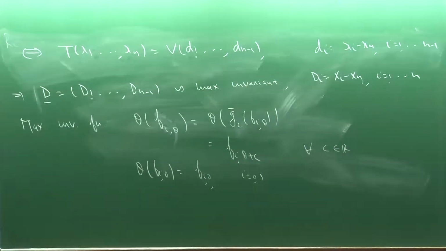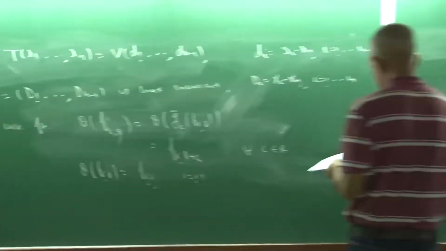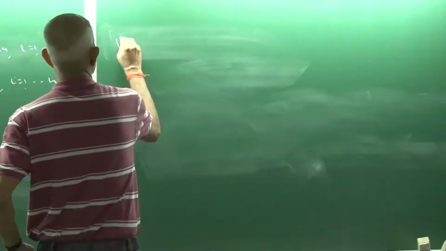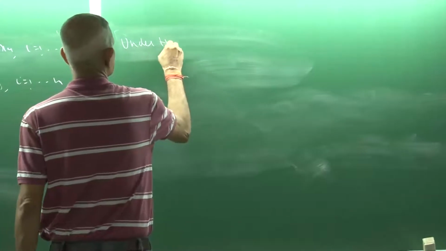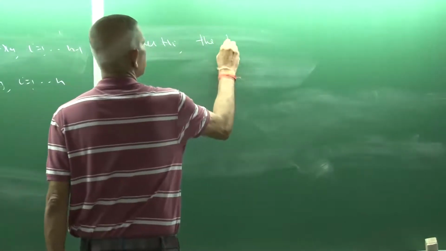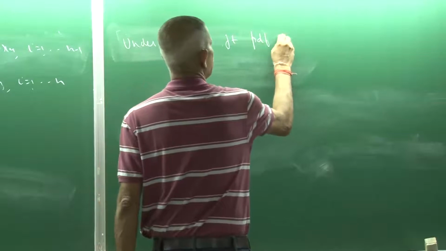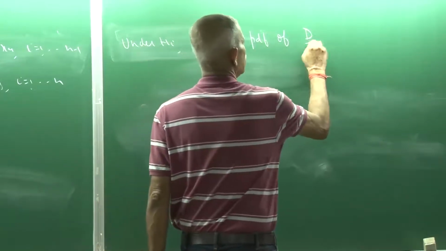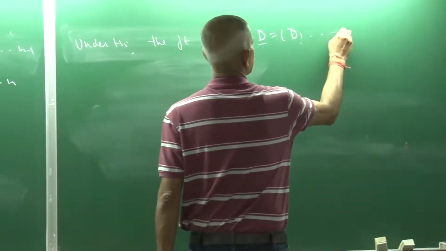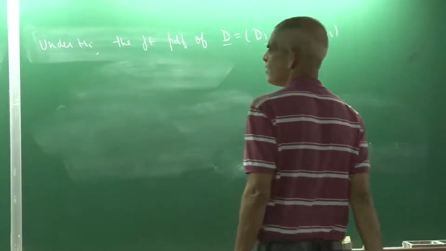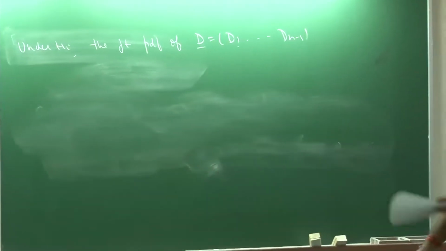So you can look at under Hi, the joint PDF of D, which is D1, D2, ..., Dn minus 1. It was Fi theta, but I can take theta to be 0.